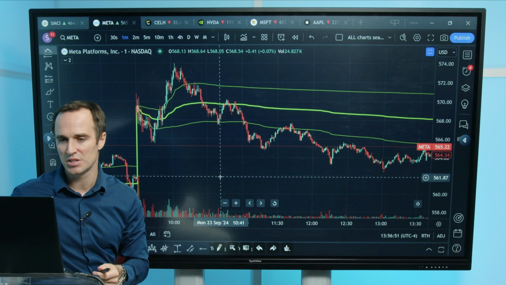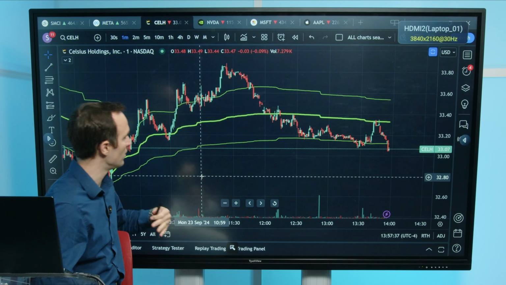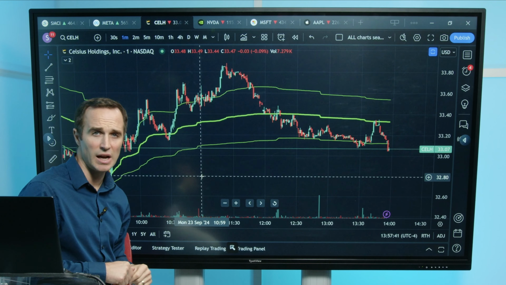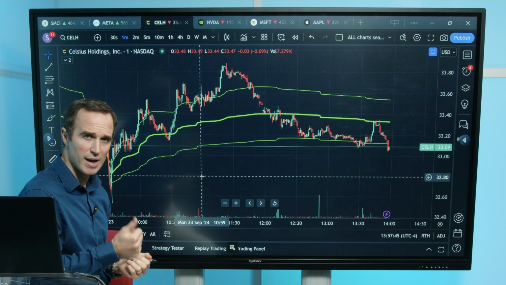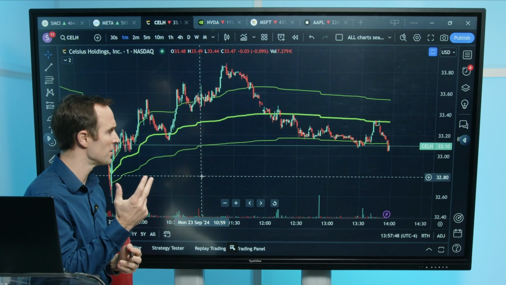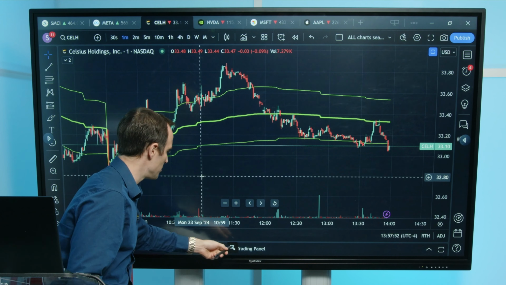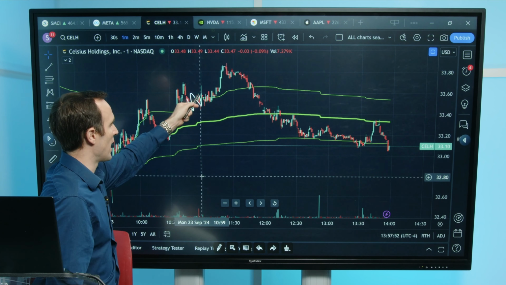Celsius is an example of where the multiplier band really didn't give that much edge, right? We're always looking for edge in the markets, whether it's setups or technical factors, different indicators, right? And so in this case, you can see that the multiplier band was kind of chopped around, right?